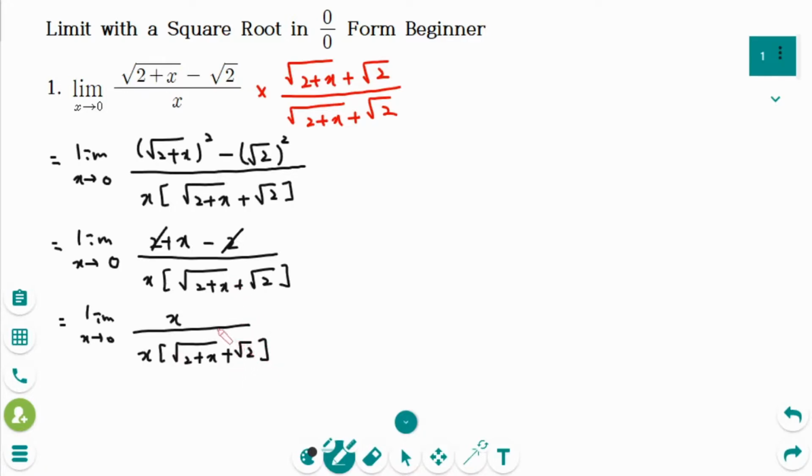Then cancel the common factor, which is x. 1 over square root of 2 plus x plus the square root of 2.